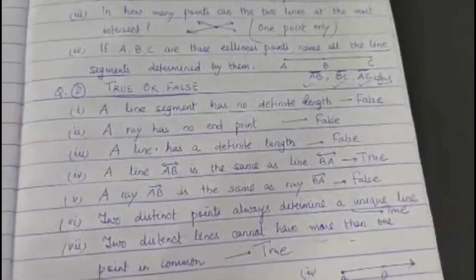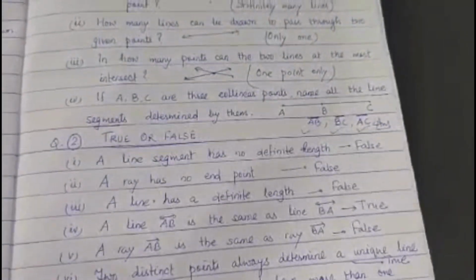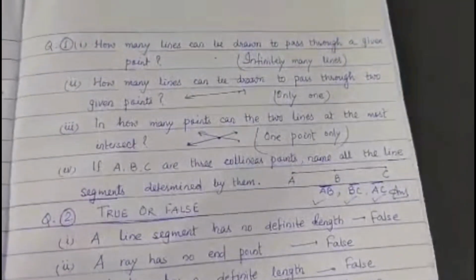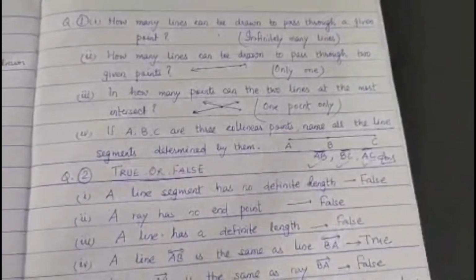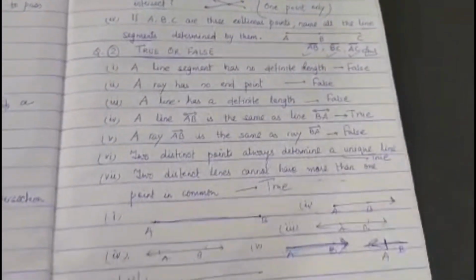So I hope this will recall your chapter, the geometrical terms, statements and definitions. So let's now move forward. Guys, we have done all the theory related to this chapter, and so let us conclude this chapter here.